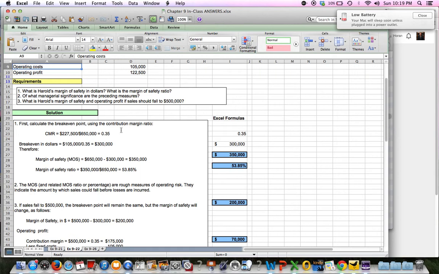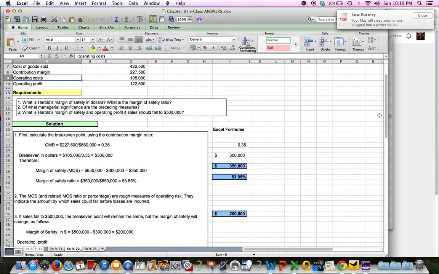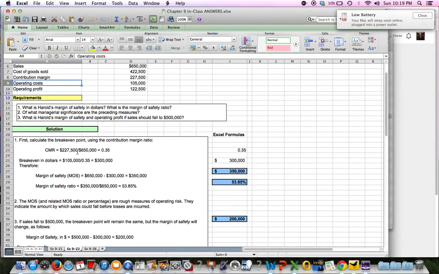Using the contribution margin ratio, his contribution margin of 227,500 divided by his revenues of 650,000 gives 35%. Then his break-even is $105,000 of operating cost divided by that 35%, which gives him a break-even in dollars of $300,000.